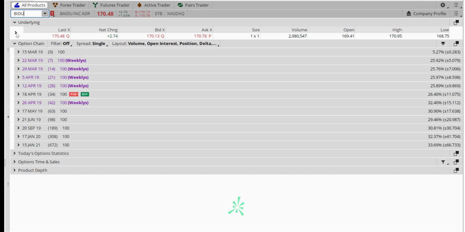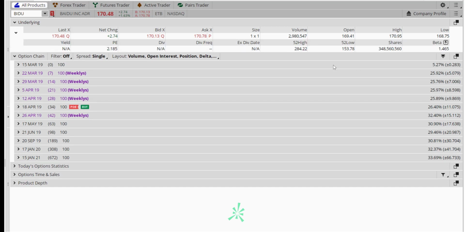Before we get into the option information, it is important to understand some information about the underlying, which is shown here. First of all, let's make sure you're looking at the correct underlying. It is Baidu, which is the stock that we are interested in.